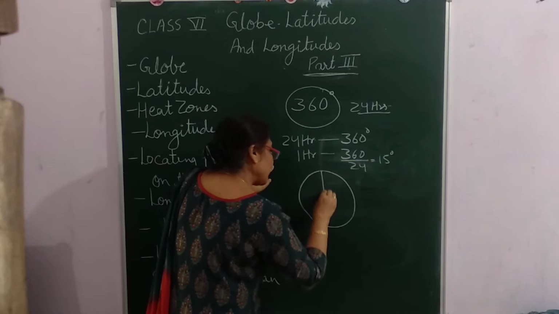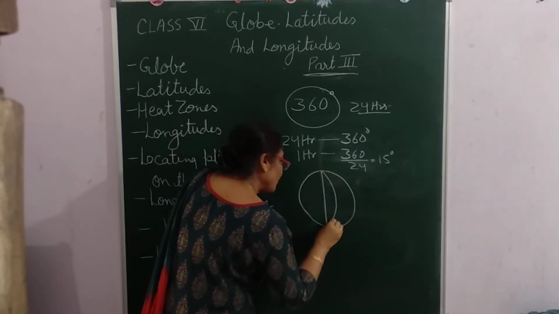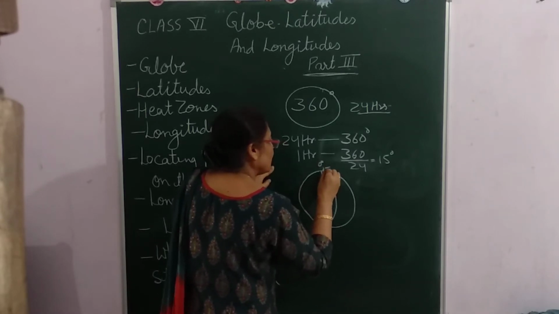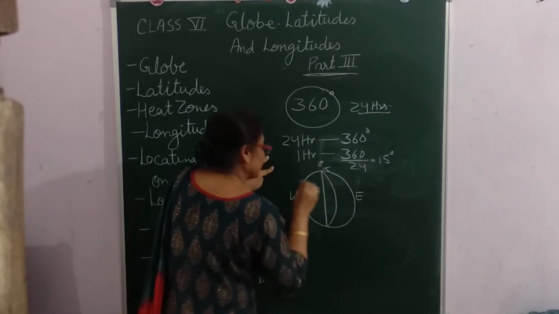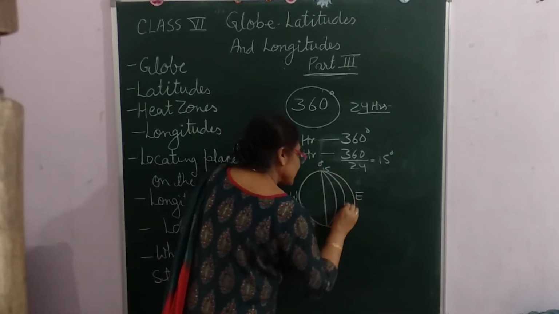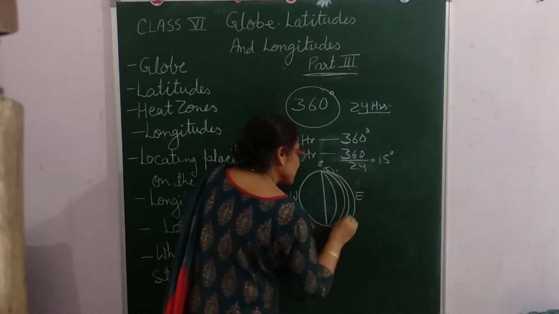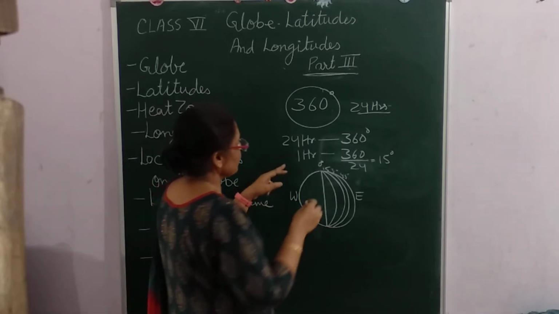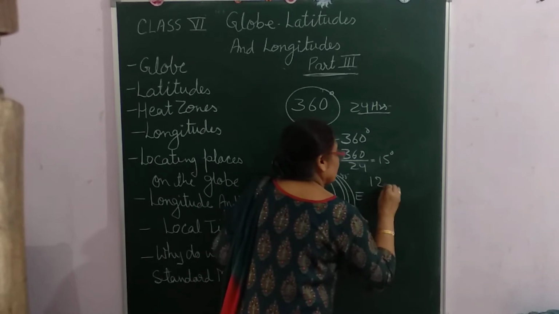Now look at the board. This is the prime meridian. Clear? And this is 15 degree longitude, eastern side. This is the eastern hemisphere, this is the western hemisphere. This is 30 degree and this is 45 degree. Suppose the time on the prime meridian is 12 noon.